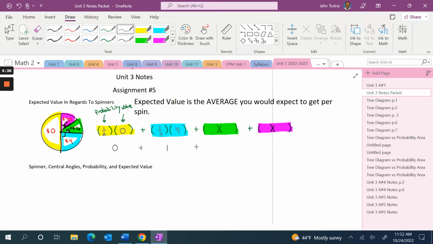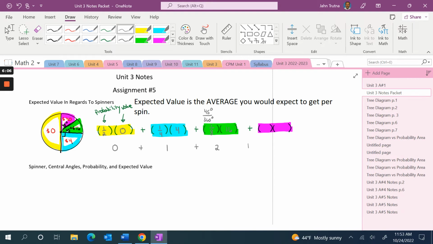The green section is worth $16, and the fraction of the circle that the green section is, it is 45 degrees, if you notice. Out of 360 degrees, which is a full circle, we reduce that down, and that tells us the probability of the spinner landing in the green section is 1/8. So 1/8 multiplied with 16 is 2.